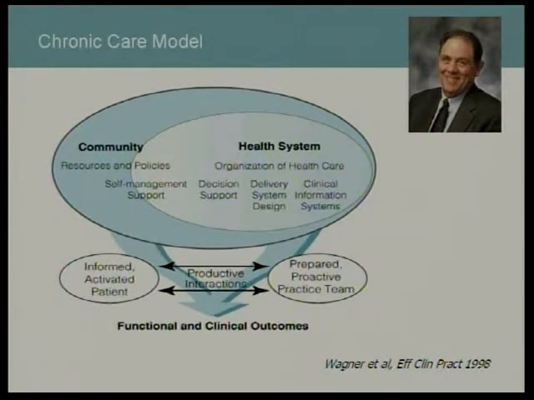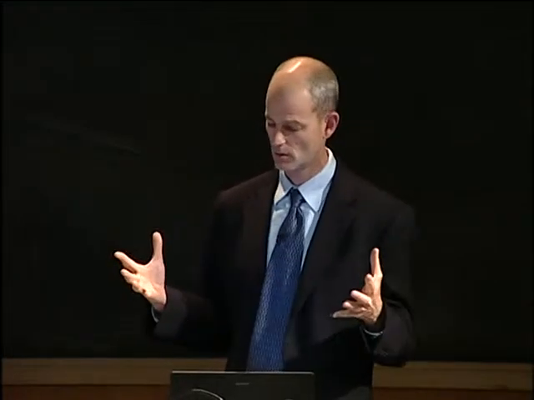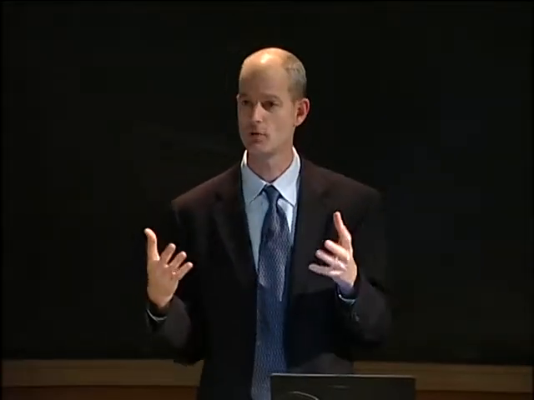So community centers or other places where patients can get help with their chronic conditions. If you target all those things, they lead to more productive interactions between informed patients and proactive practice teams. So we have a nice roadmap in some sense for the chronic illness care model.